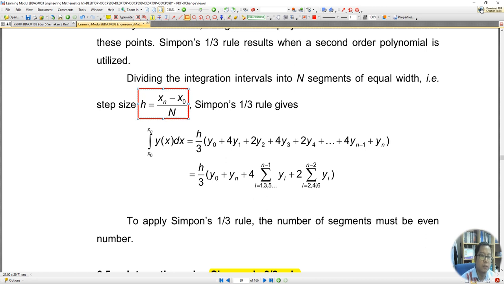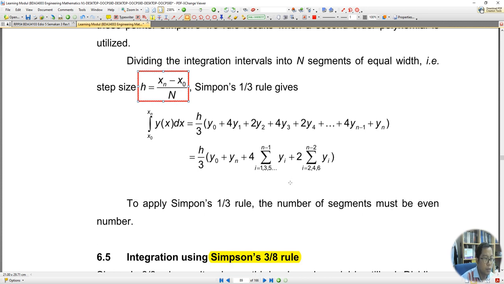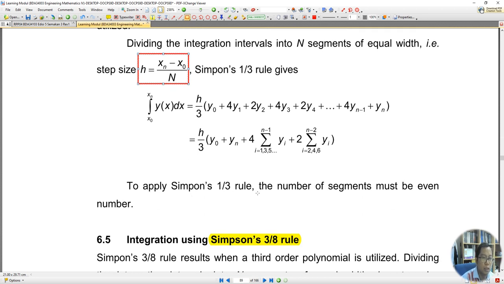The odd numbers are multiplied by 4 and the even numbers multiplied by 2. To apply the Simpson one-third rule, the number of segments must be an even number.